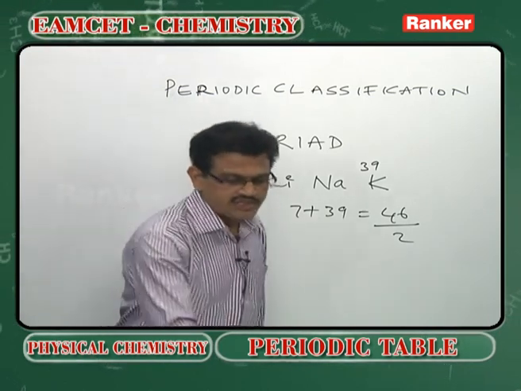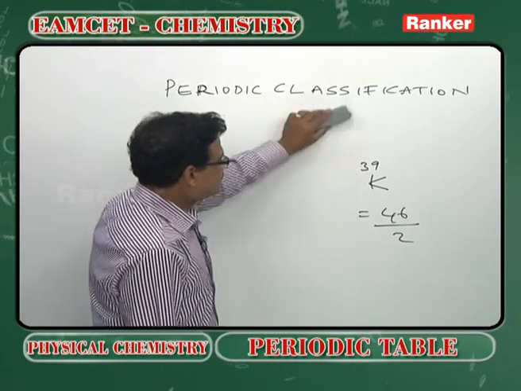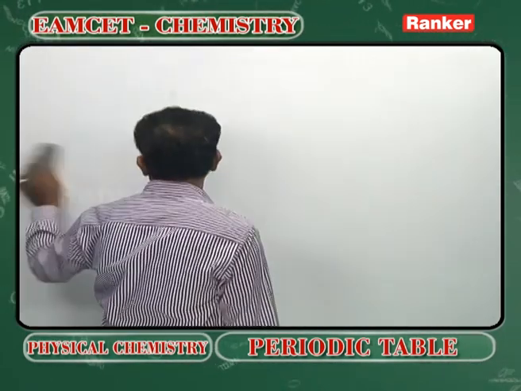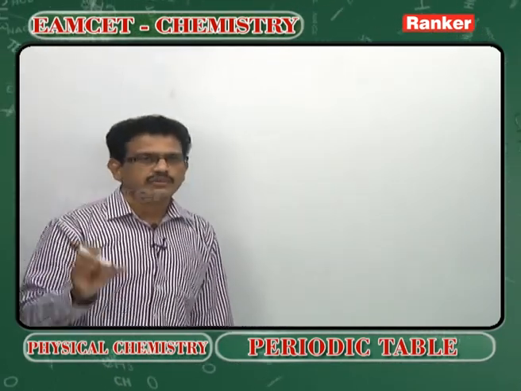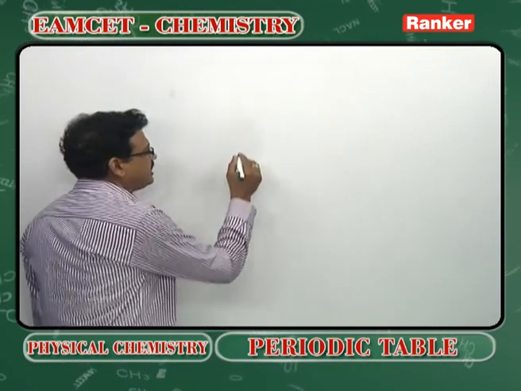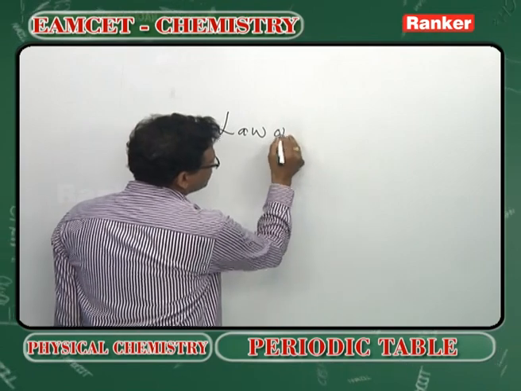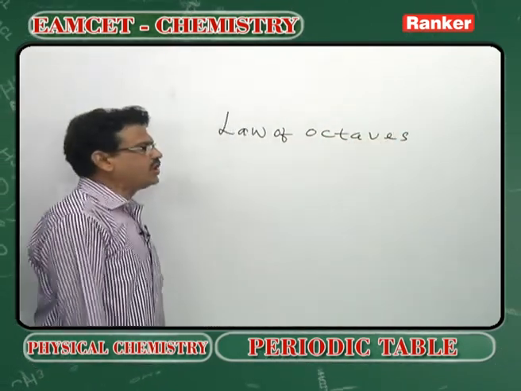Then another scientist, Newland, classified elements based on their atomic mass again into a set of 8 elements. You can call this the law of octaves.